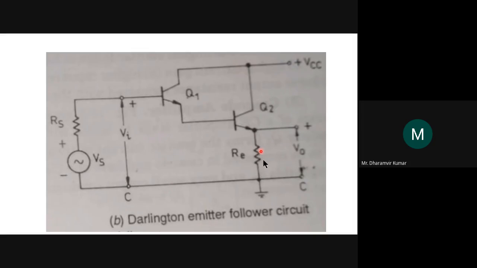That is why you will see Re almost everywhere in circuits. So across Re we are taking the output, and this is the output voltage V naught. And this is the plus VCC voltage that is applied at the collector of Q1 and Q2. This is used for biasing purposes, right?